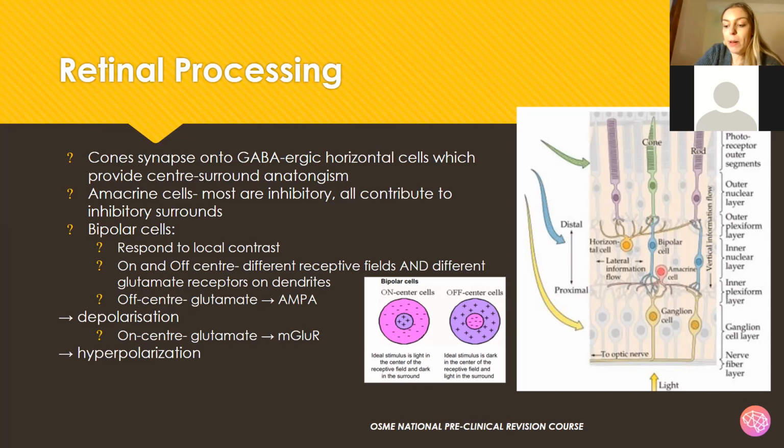So the receptive fields of bipolar cells can be turned on or turned off depending on whether the stimulus is light in the center of the receptive field or whether it's darker in the center of the receptive field. However, an important thing to note is that neither bipolar cell responds to overall stimulation.